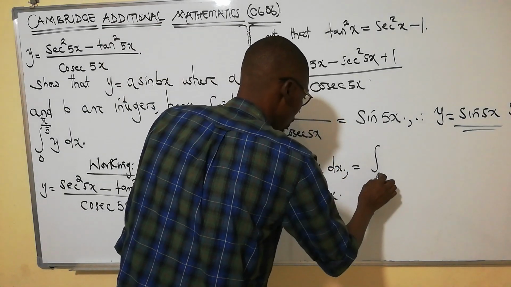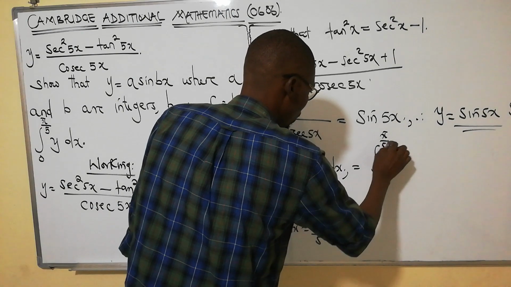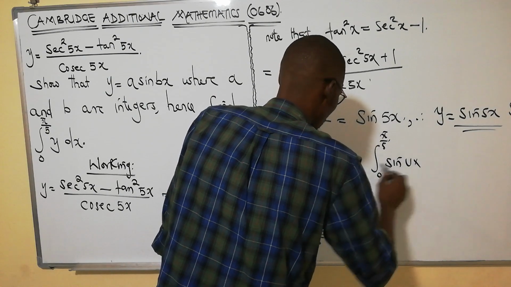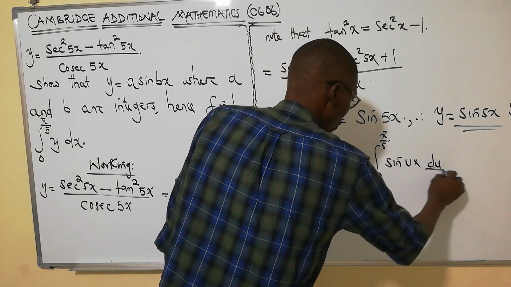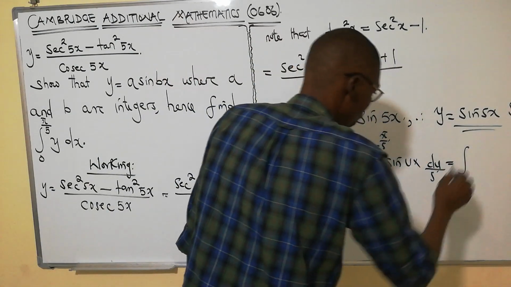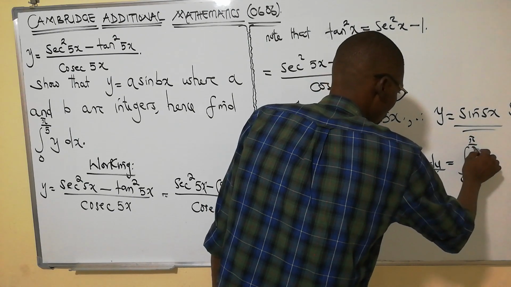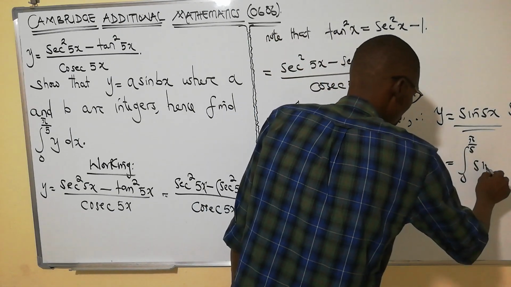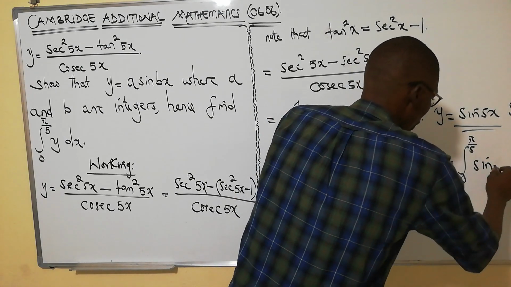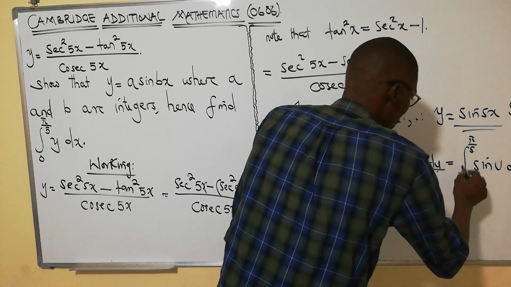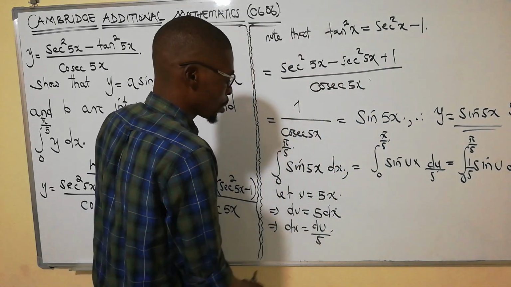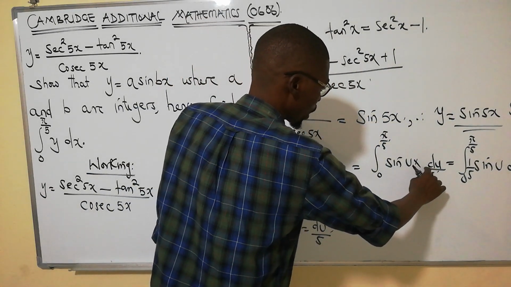This gives us the integral from 0 to pi over 5 of sine u times du over 5.